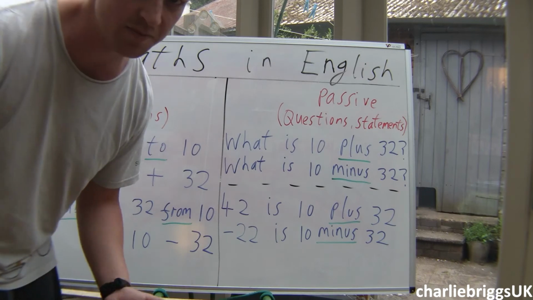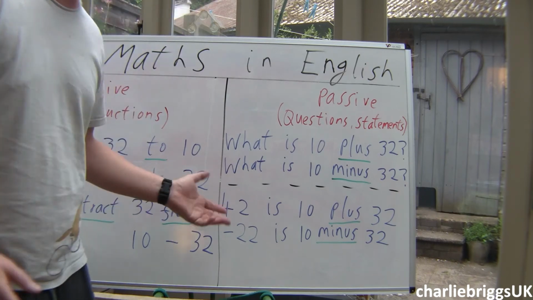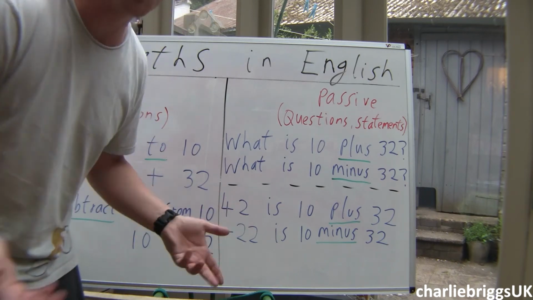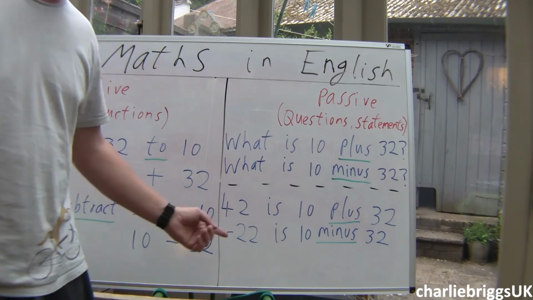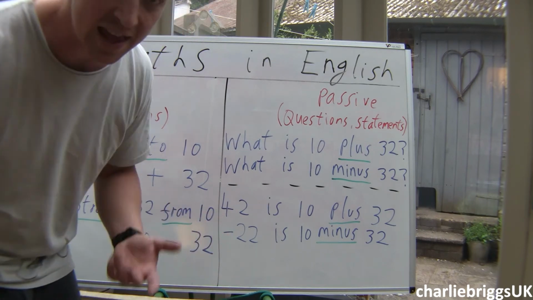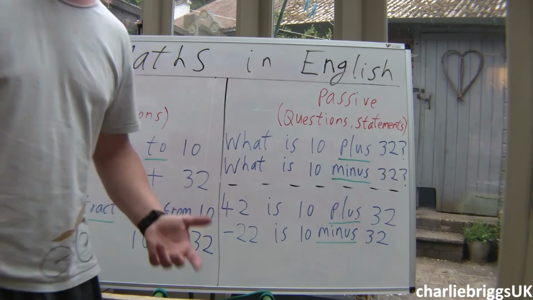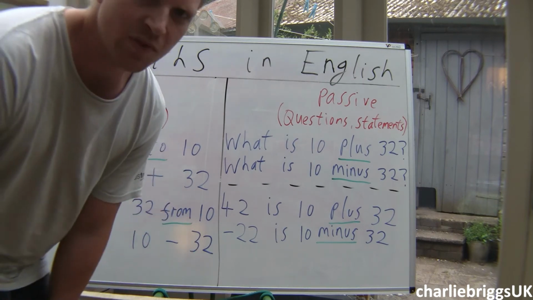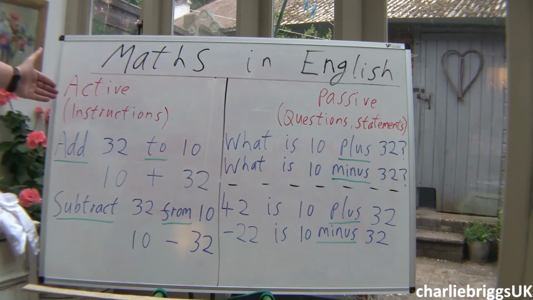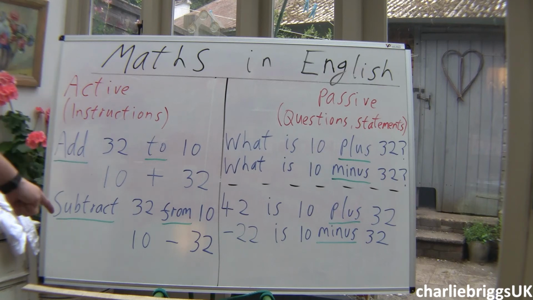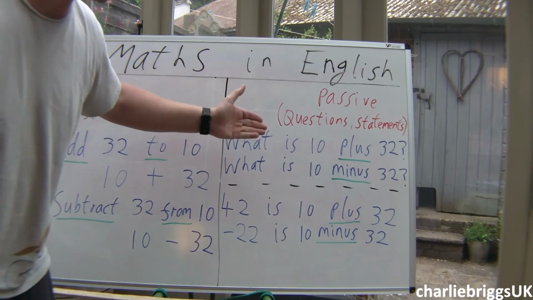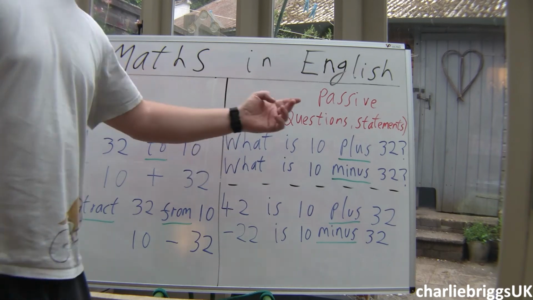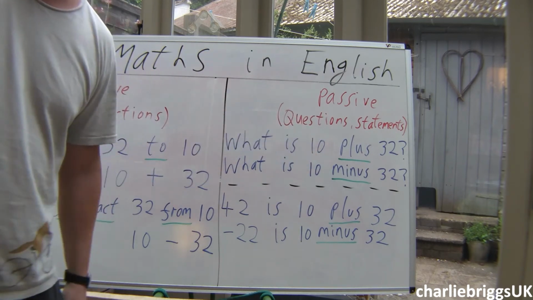It's a statement. I'm telling you, 42 is 10 plus 32. And negative 22 is 10 minus 32. Alright? So you're making instructions, again, use add, subtract. Asking questions, making a statement, plus, minus.